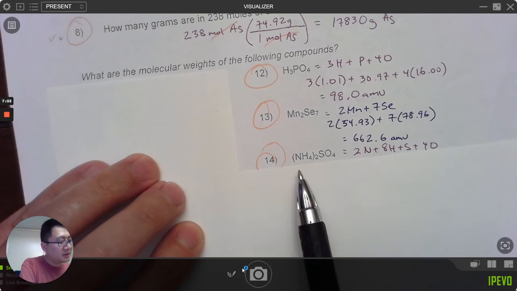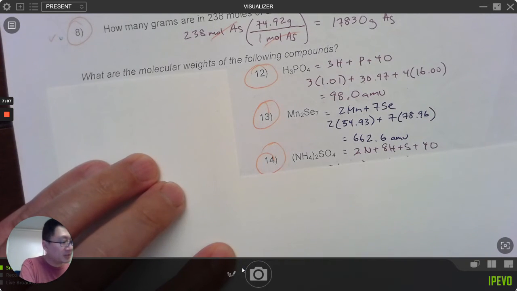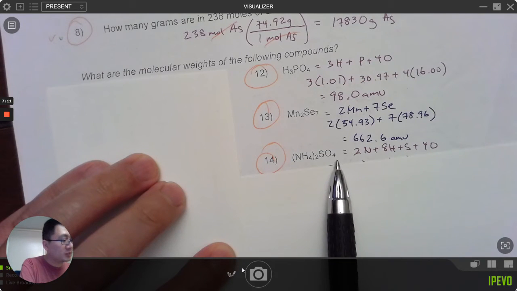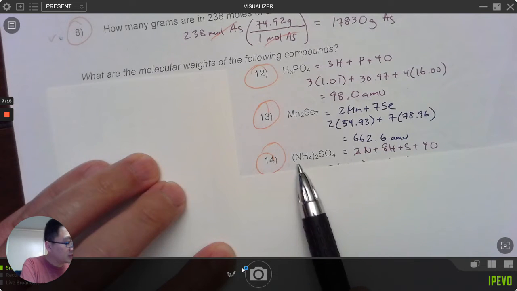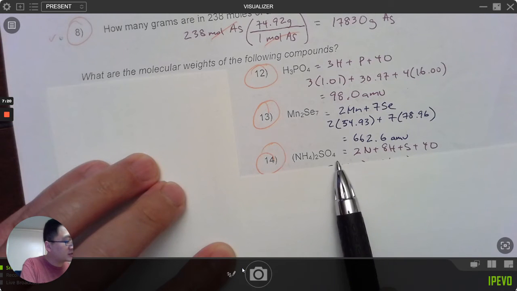Okay, next one, ammonium sulfate. Oh, by the way, let's also just practice naming. NH4 is ammonium ion. SO4 is called sulfate ion. That's ammonium sulfate. That's 2 nitrogens, because distribute that, 2 nitrogens, 2 times 4 or 8 hydrogens, 1 sulfur, and 4 oxygens.